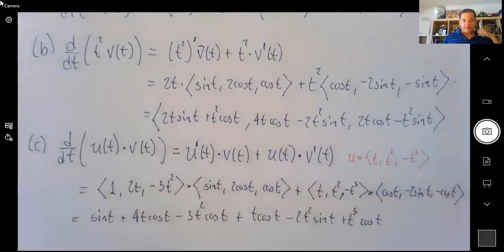All right, and that's the answer to that one. If you want, then you can later factor the sines and the cosines. Depends on what you need this expression for later on.